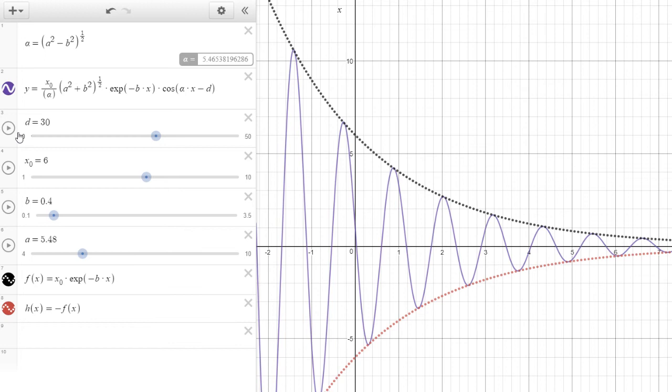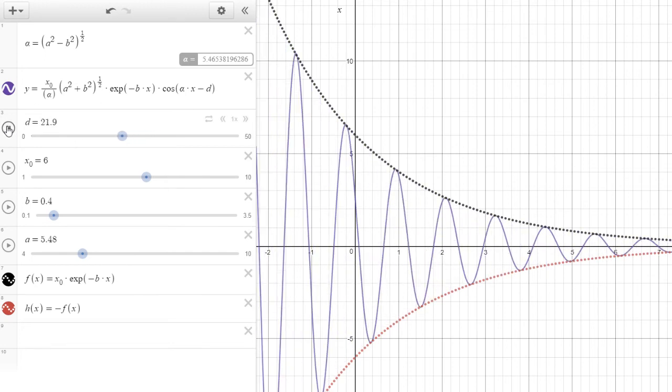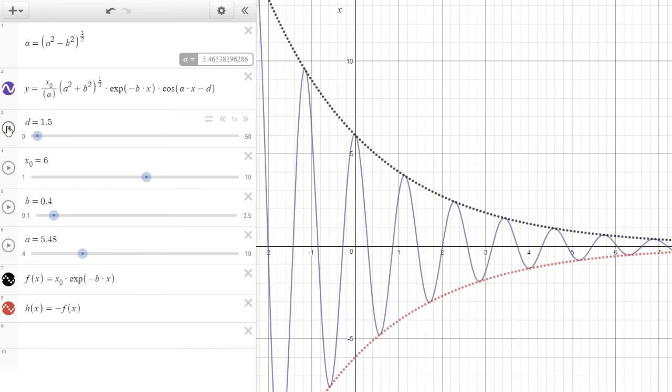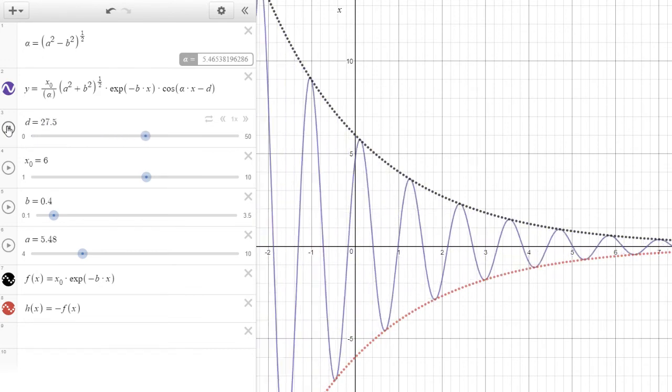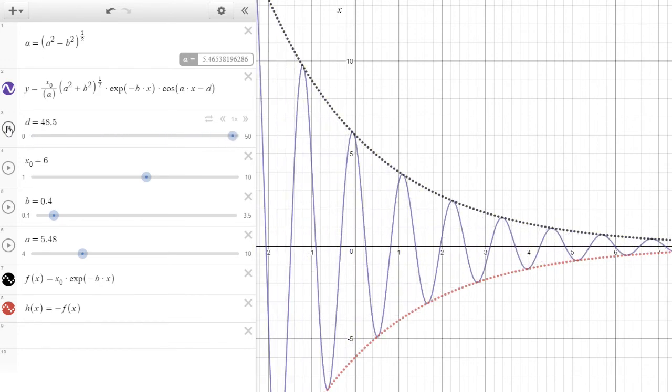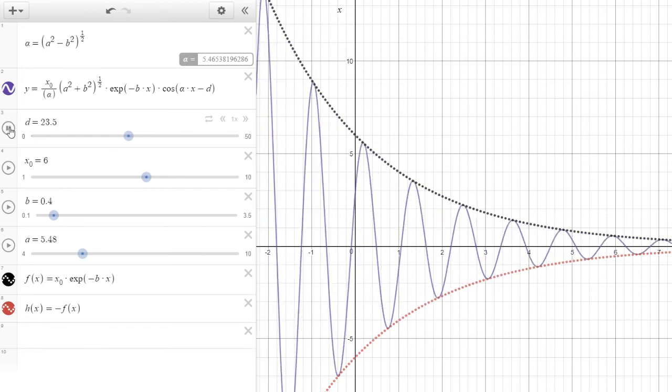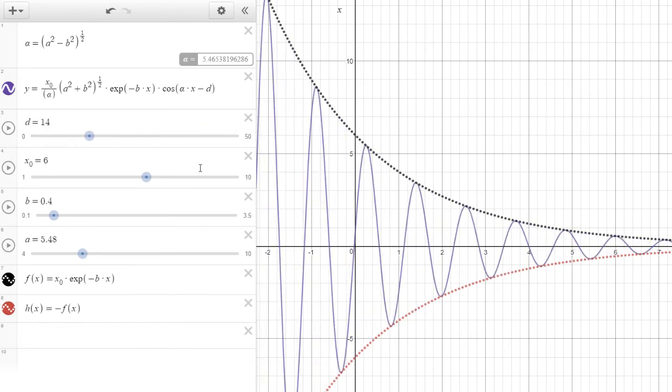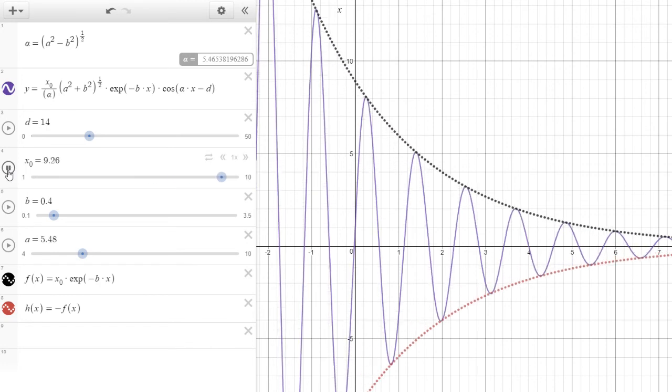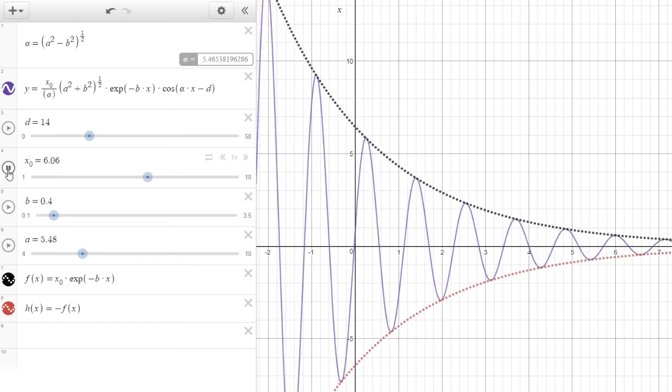So what we can do is play each of these individually. You can see there's the value of d, which is just the phase of the system changing. I can change the phase of the system, or I can change the initial displacement. So there's the initial displacement changing.